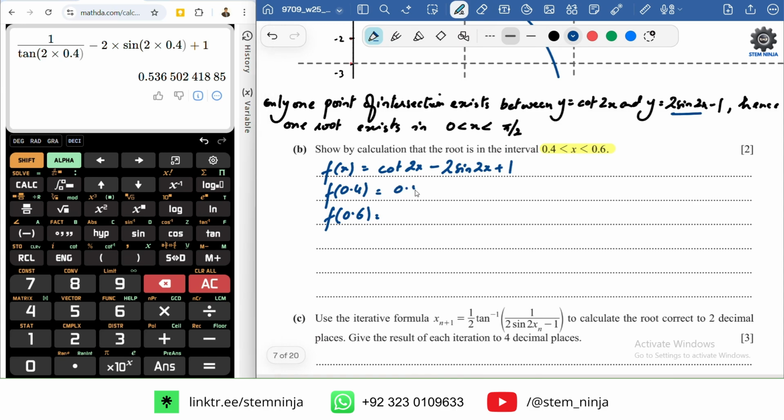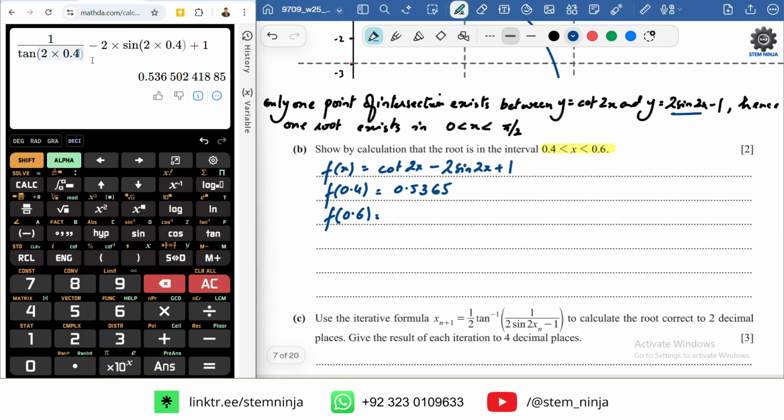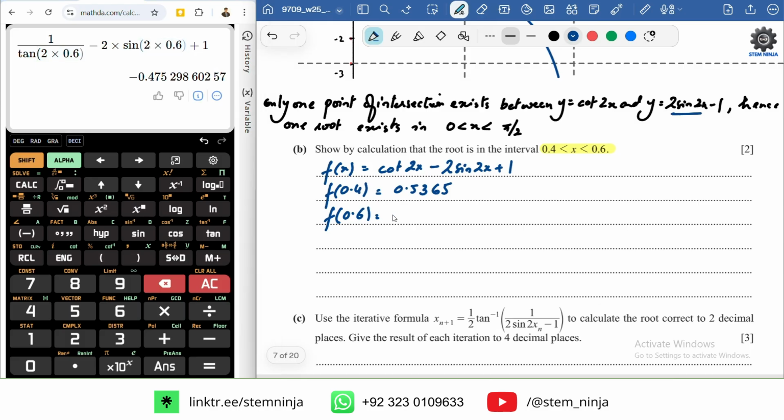So this one is 0.536 and at 0.6 it is 4,753. So sine is changing in this range.